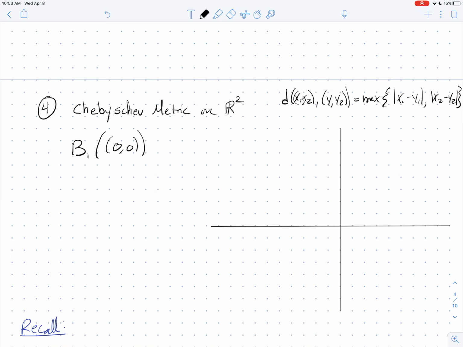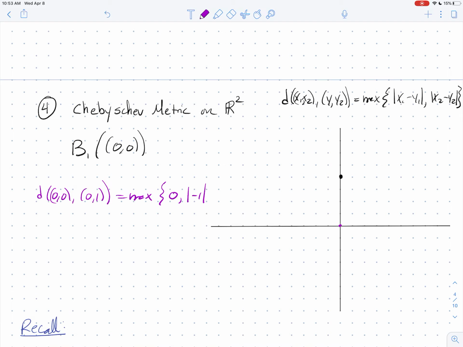So let's try and figure out some points that have distance 1 from 0. I claim that (0, 1), I'm going to put that up here, we're going to make that length 1. This has distance 1 from (0, 0). Right? I'm centering this thing at the origin. And the reason is that if I look at the distance between (0, 0) and (0, 1), then when I take the max of, this is going to be the absolute value of 0, which is 0, and the absolute value of negative 1, which is 1, so that's exactly 1.